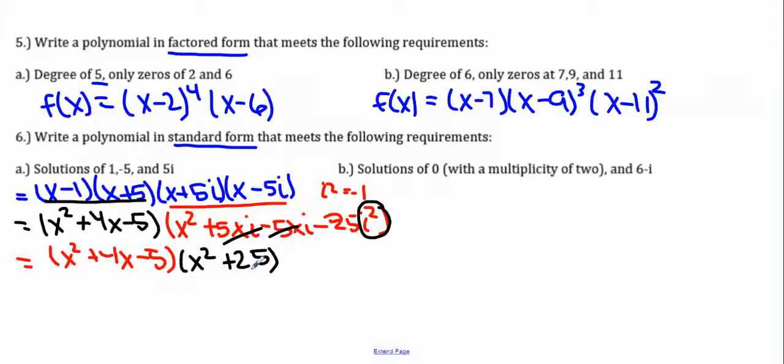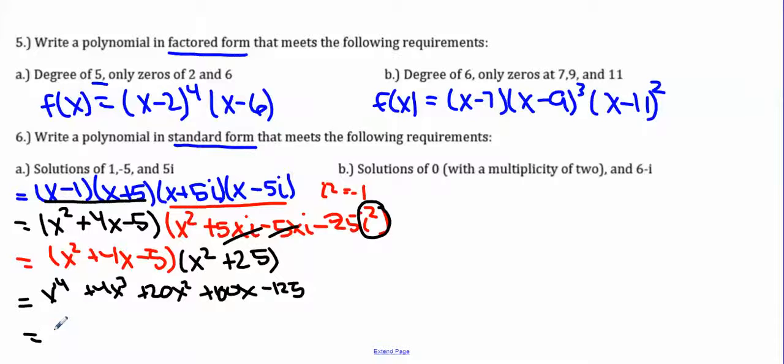Okay, now I have to multiply further. So I'm going to multiply my first polynomial by my second polynomial. And when you do that, we have x to the 4th plus 4x cubed plus 20x squared plus 100x minus 125.